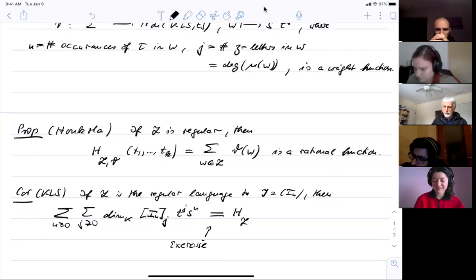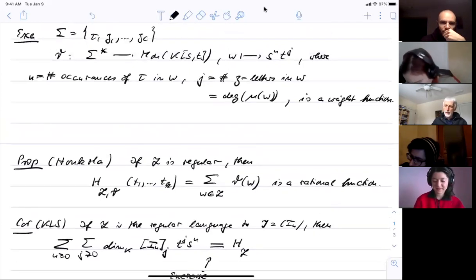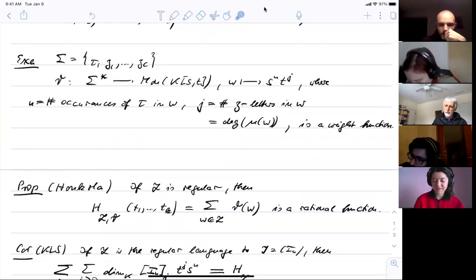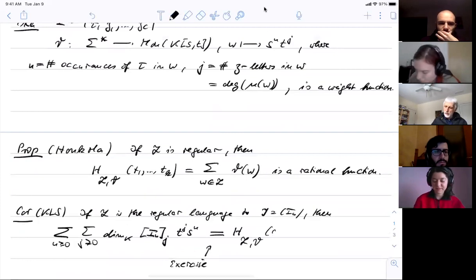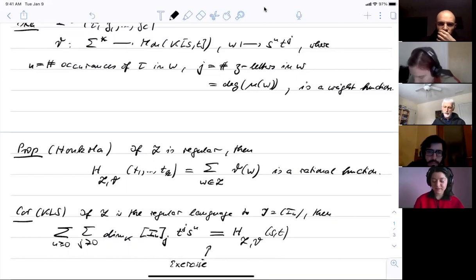This power series we just introduced, where we use this language L and this weight function. And our weight function ended up in a polynomial ring in two variables. So this is our formal power series in variables S and T as well. And this is rational.